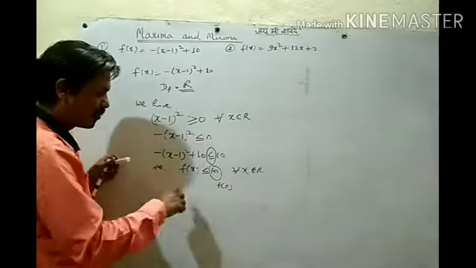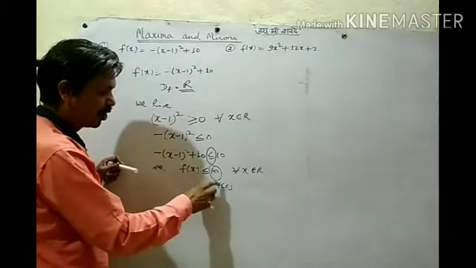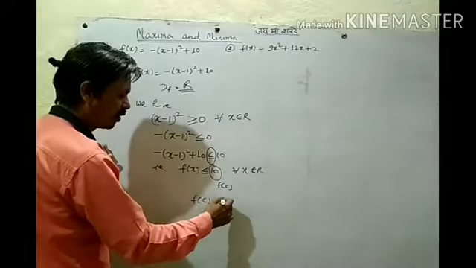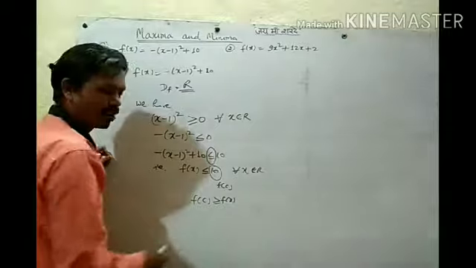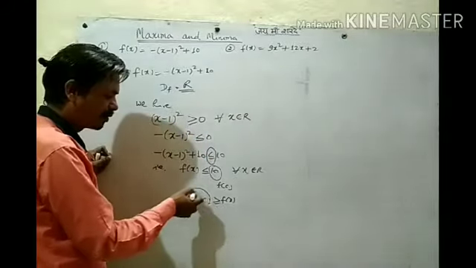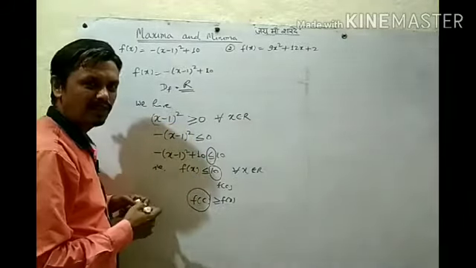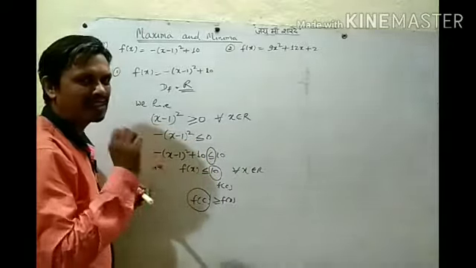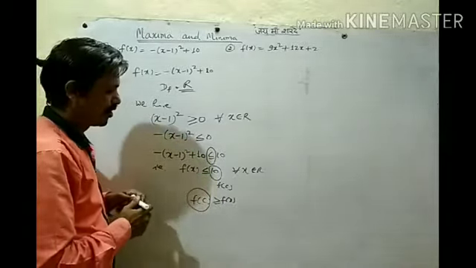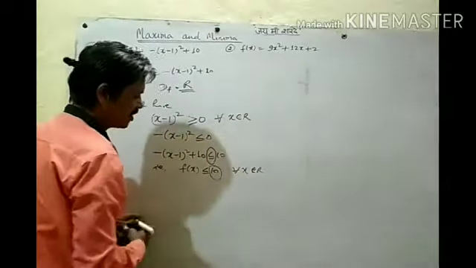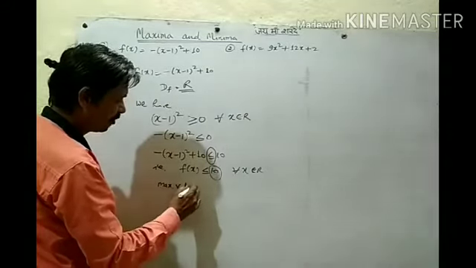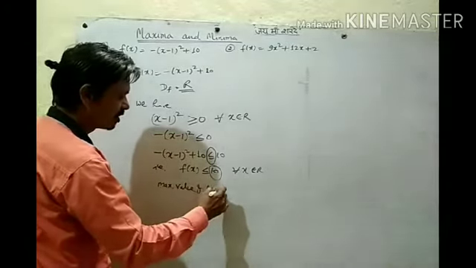If we see the definition, f of x is less than or equal to f of c, or f of c is more than or equal to f of x for all x in the interval I, then f of c is called the maximum value. It means 10 is the maximum value of the function. The maximum value of f of x is 10.